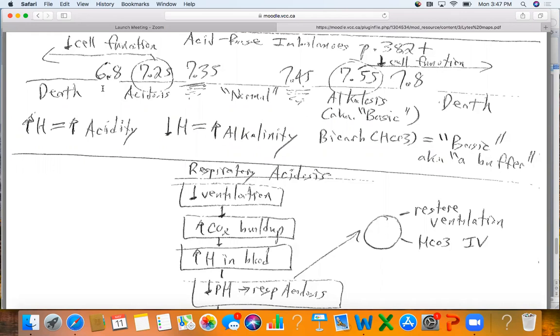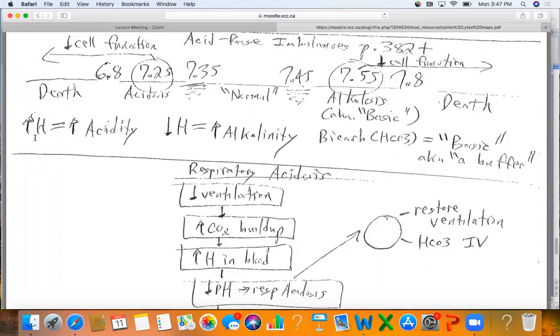All right, some premises or principles here we just have to accept. We don't have the time to go into the microchemical biology of things here. So we're just going to have to accept that hydrogen is acidic, and that whenever we talk about CO2 in the respiratory system, we associate that with increased levels of hydrogen in the blood.